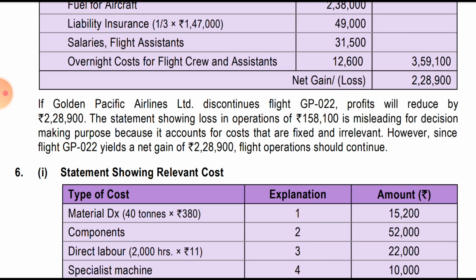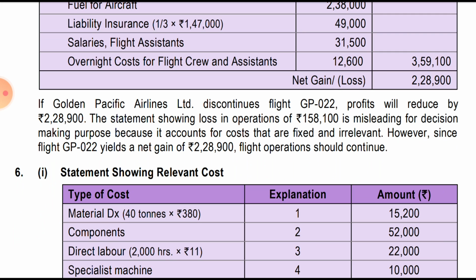So this statement, which is showing a loss of 1,58,000, is misleading for decision making purposes because it accounts for the costs that are fixed and irrelevant. However, since the flight GP22 yields a net gain of 2,28,900, the flight operation should continue. So our decision will be the flight should be continued because it is gaining a positive contribution of 2,28,000.